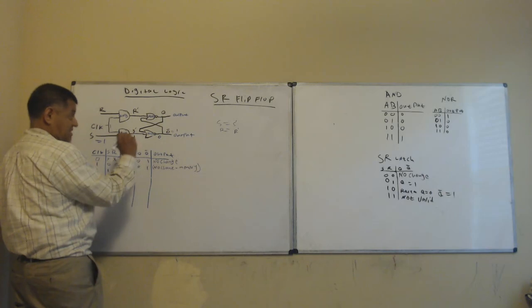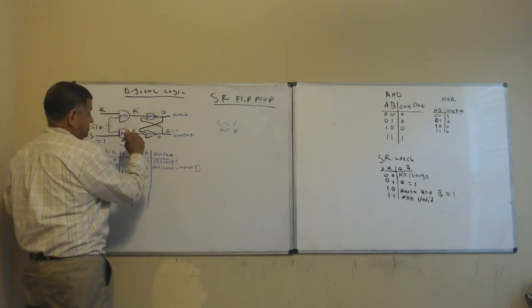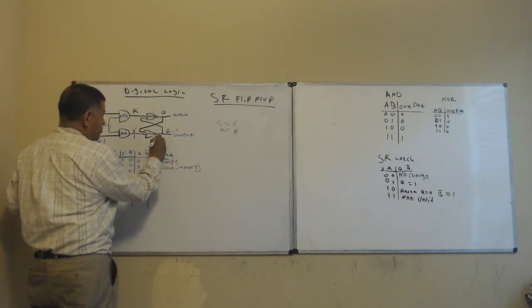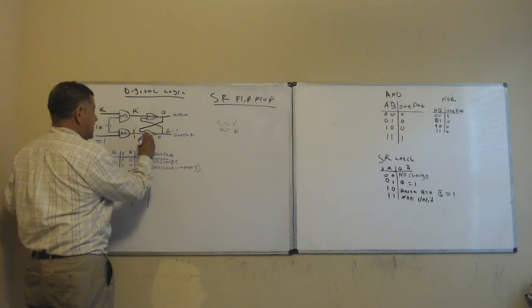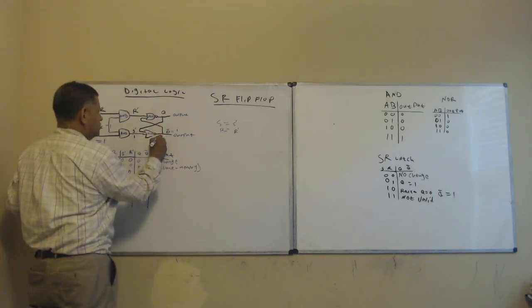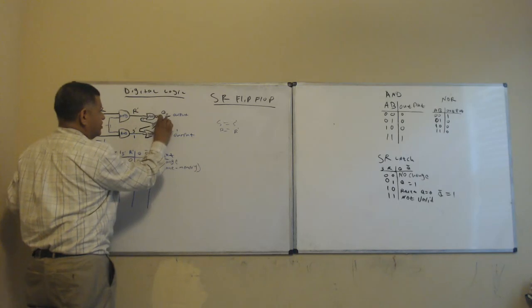We need to understand this, because now this comes here and this goes up to feed this. This 0 comes over here and feeds that: 0 and 0 is equal to 1.